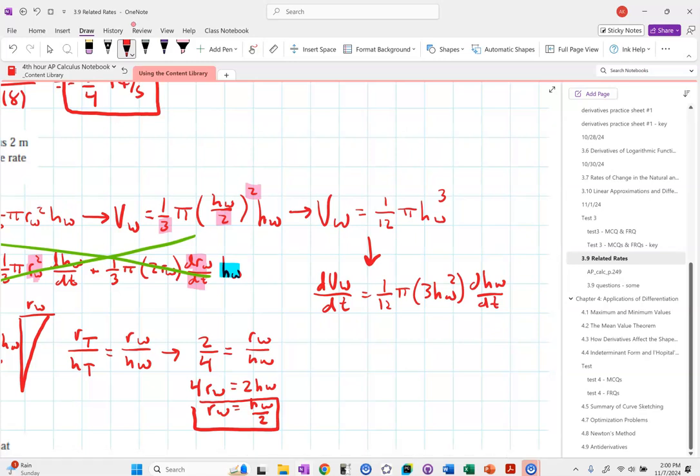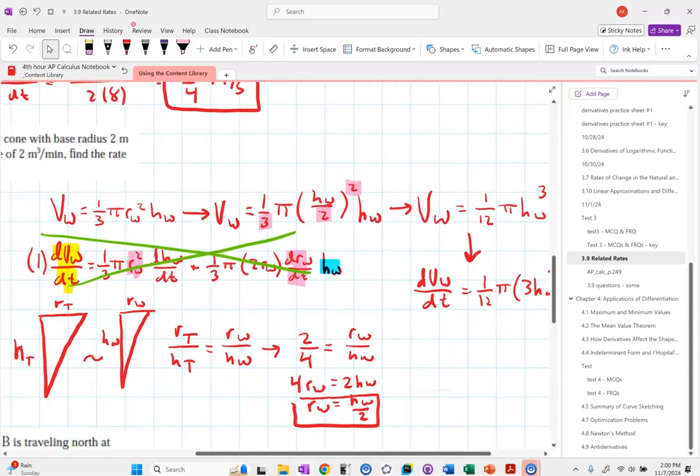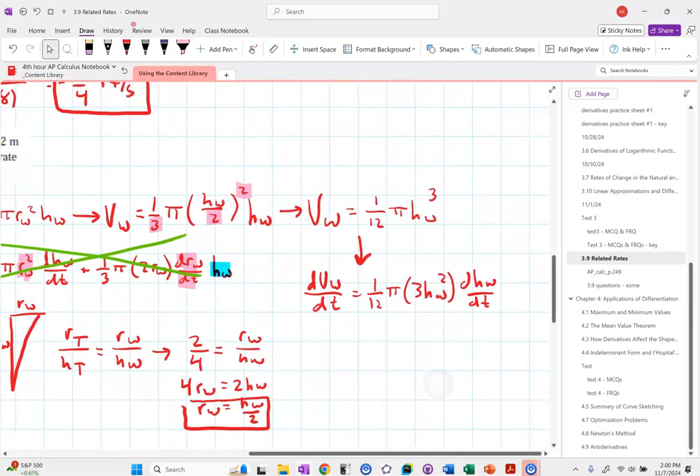And here we have everything we need. So we know our dV/dt is 2. We know HW is 3. And we know that we're solving for dHW/dt.